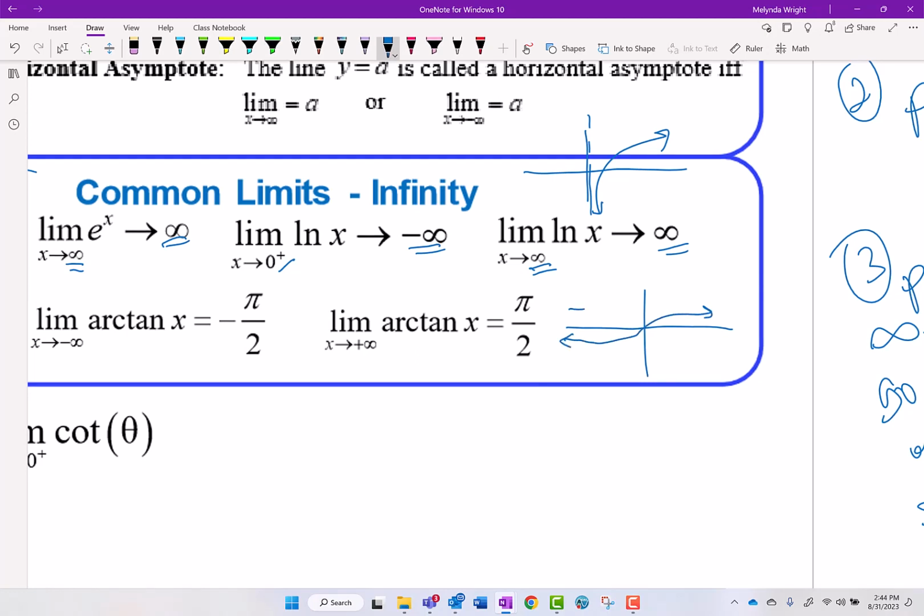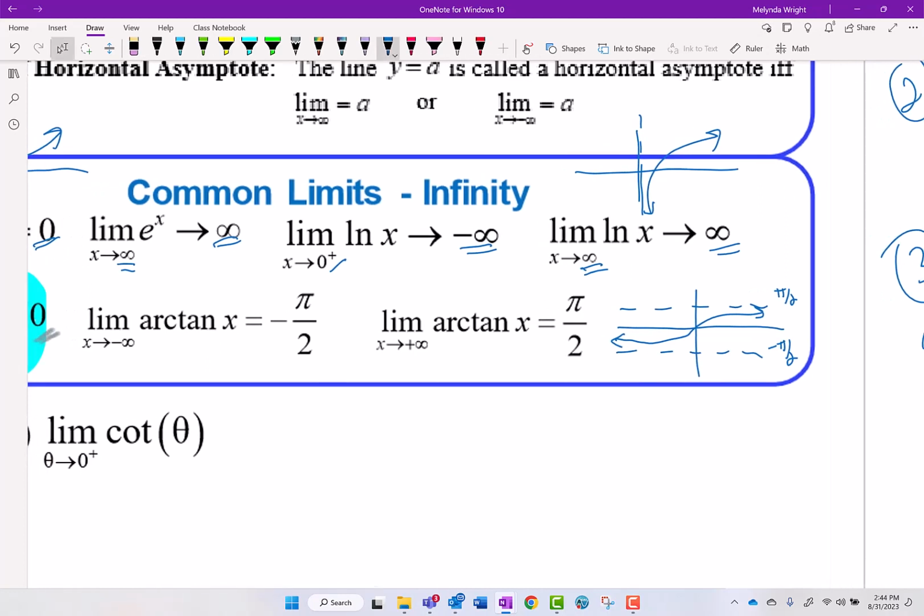Okay, sorry, it's terrible, but it has horizontal asymptotes at pi over 2 and negative pi over 2, which is why when we're headed to negative infinity, arctangent's limit is negative pi over 2, and when we're headed to positive infinity, arctangent's limit is pi over 2. So all of those infinite limits we've got from graphs, except for that one. So graphs are going to be important to us with infinite limits.